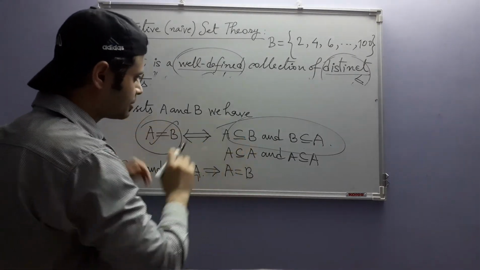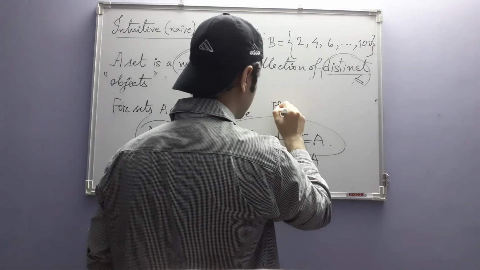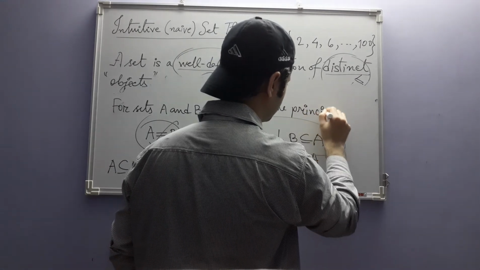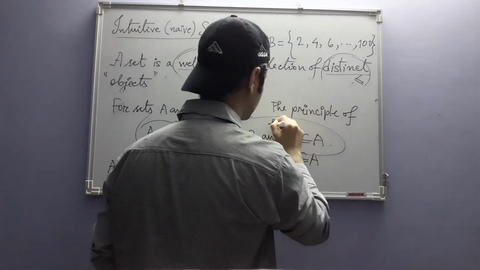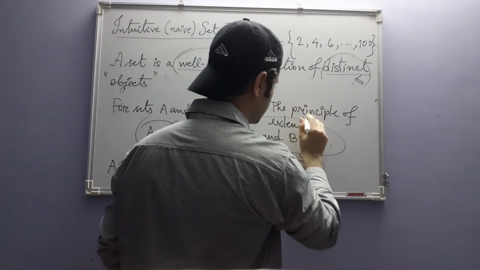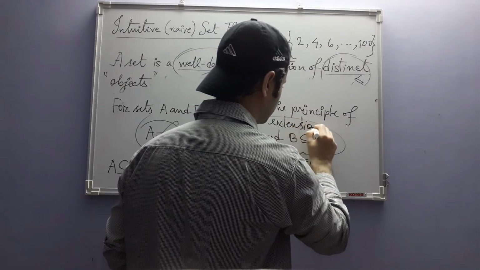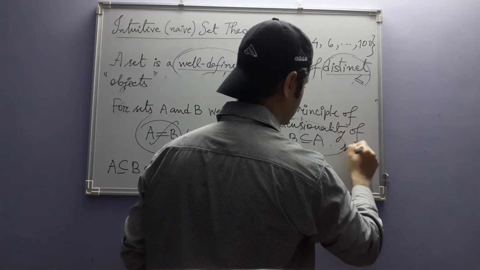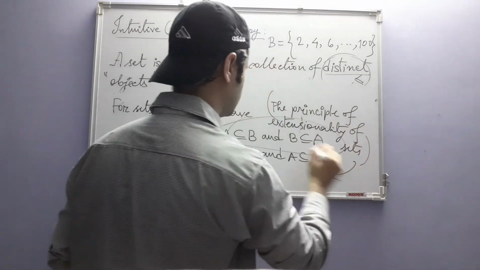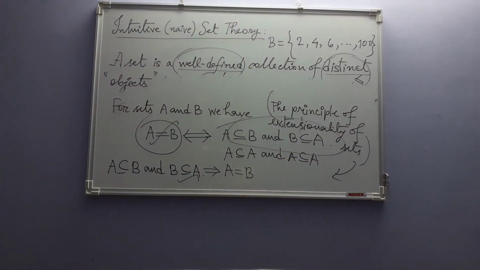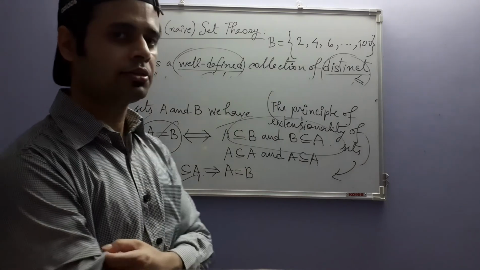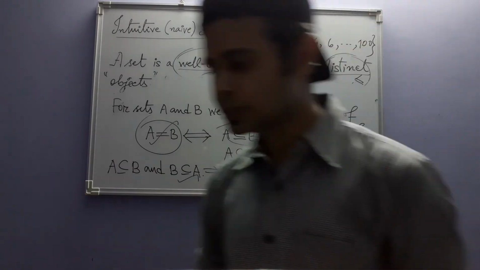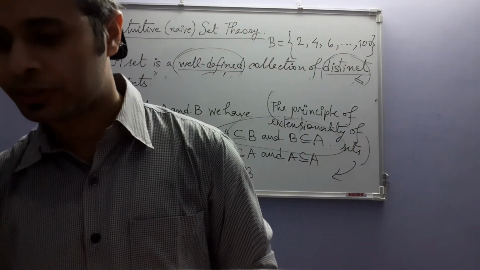And this equivalence is called the principle of extensionality of sets. Okay, two sets are equal if and only if either of them is a subset of the other. This is the principle of extensionality of sets.